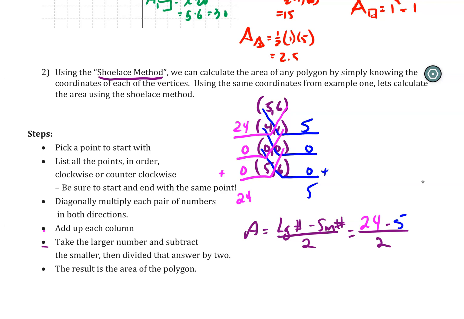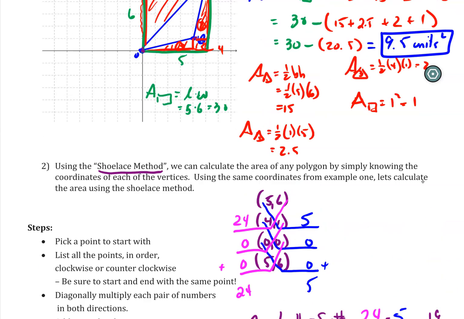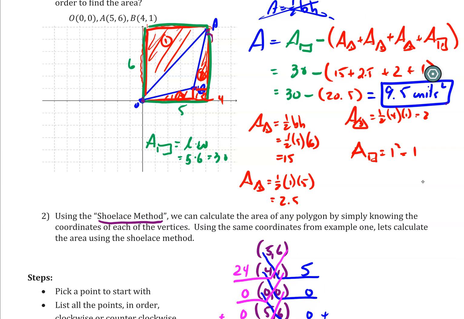So if I take that there, I've got 24 minus 5, so what is that, 19. Divide that by 2, and that gives me 9.5 units squared. That is the same value we got up there.